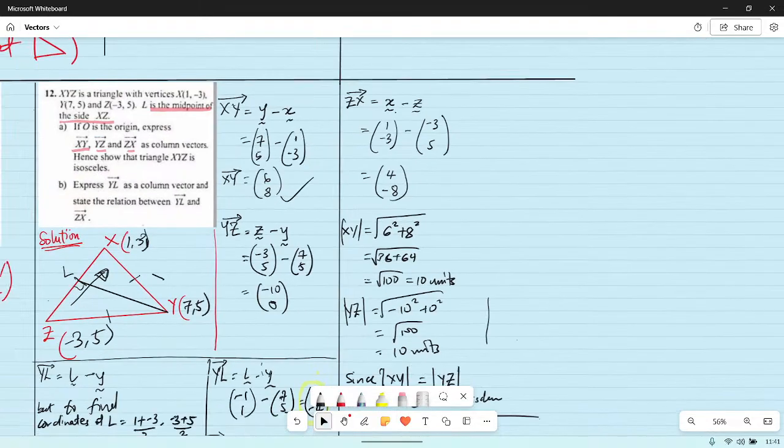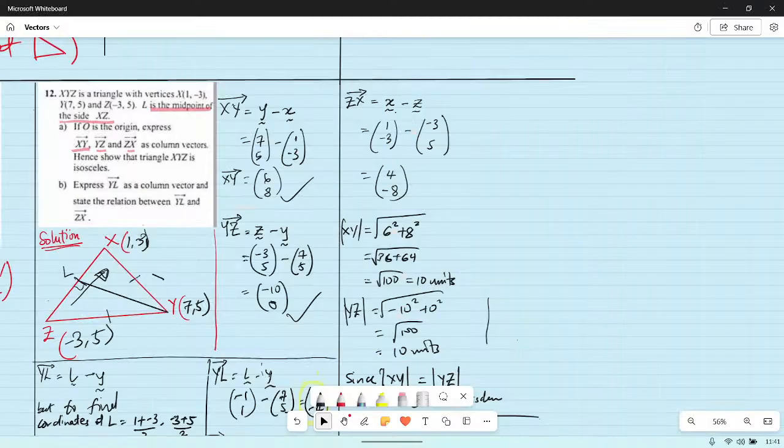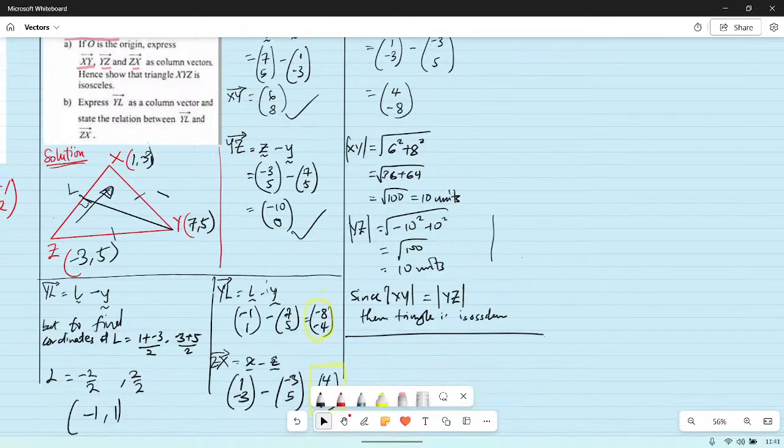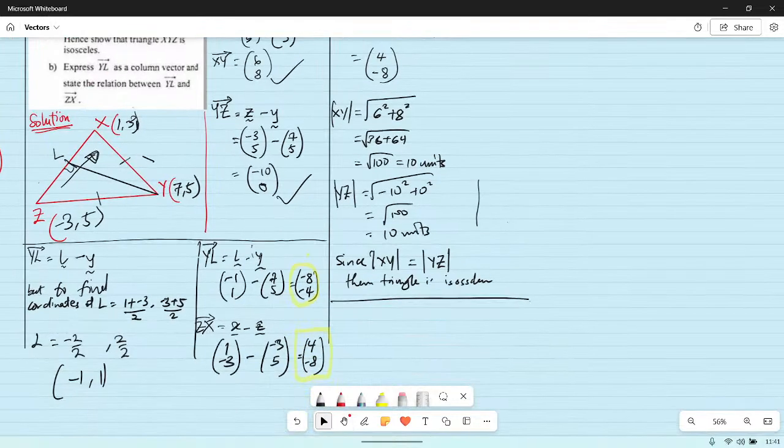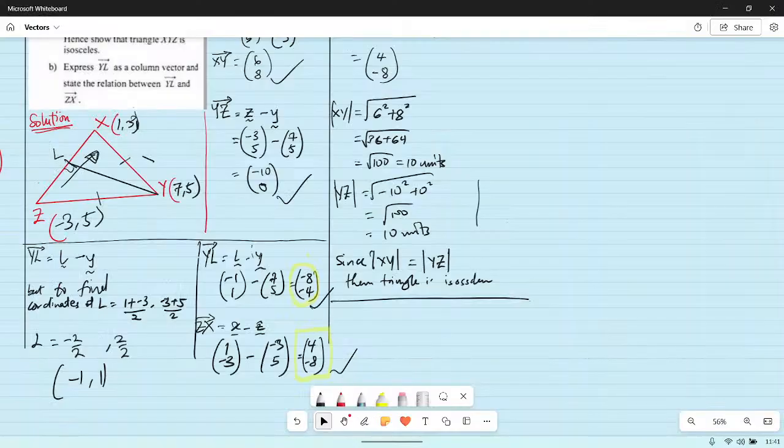So you have the second one to correct. For negative 8 for ZX. Negative 8, negative 4. They said they are perpendicular. Yeah, it's likely to be perpendicular because one can use a diagram.